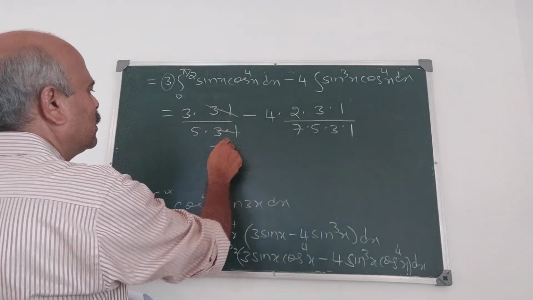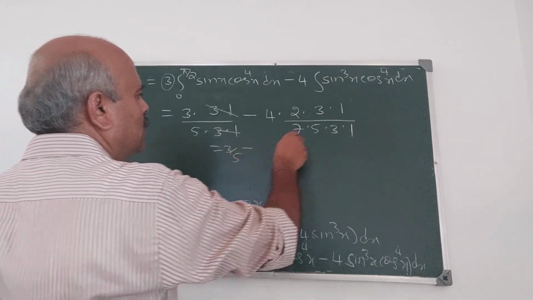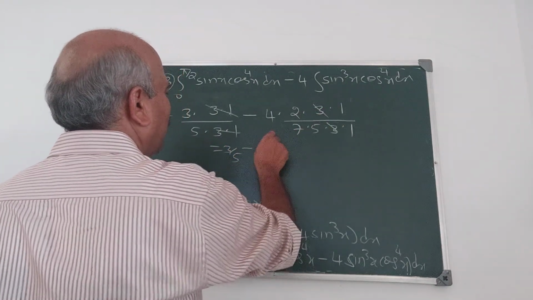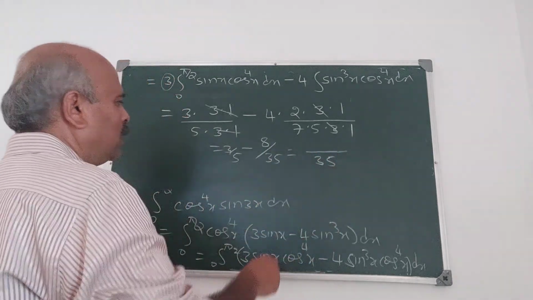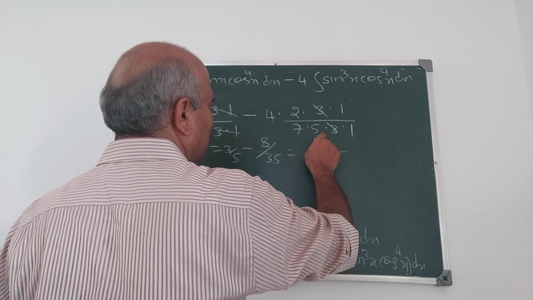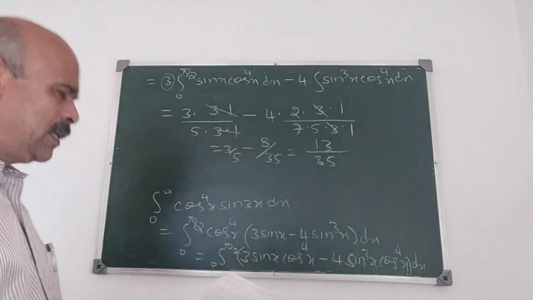This 3, 1 cancels. 3 by 5 minus 8 by 35. Take 35 as LCM. 21 minus 8, 13 by 35.